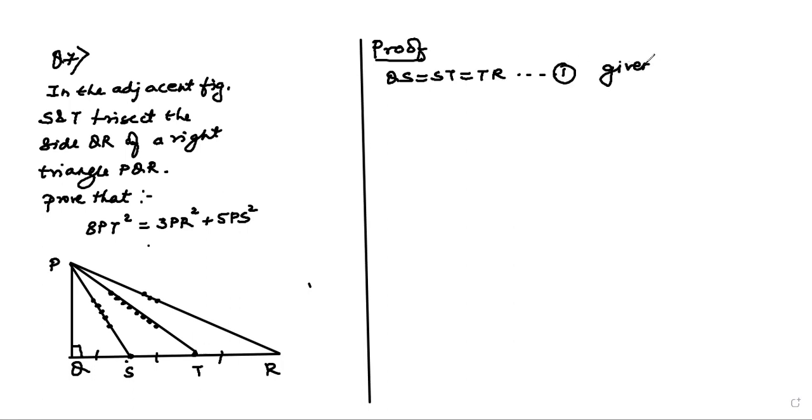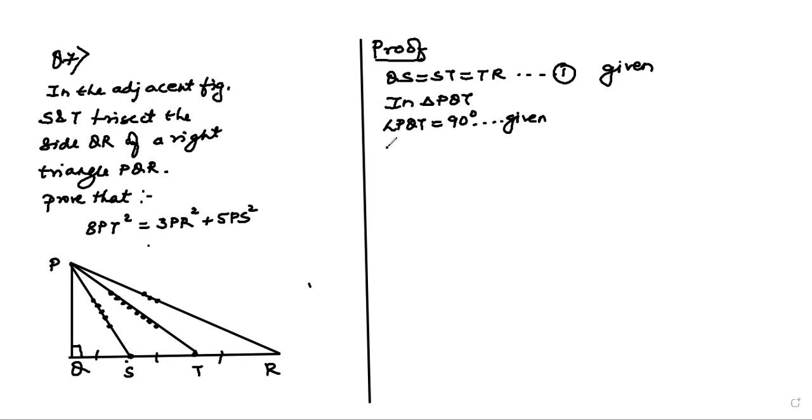Now you can see, children, you want 8 PT square. So how do I go about getting PT square? PT is the side of right angle triangle PQT. So I go for this triangle PQT, children. In triangle PQT, angle PQT equals 90 degrees. Whenever you want to use Pythagoras theorem, it's a way of writing: first the triangle's name, then the 90-degree angle, then Pythagoras theorem.